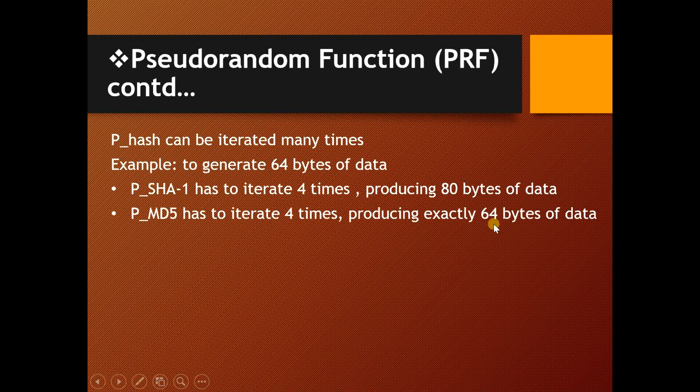Now generally what we consider is that for SHA1, if I am considering the SHA1 algorithm, so if the hash function is SHA1, this SHA1 usually produces 20 bytes of data.